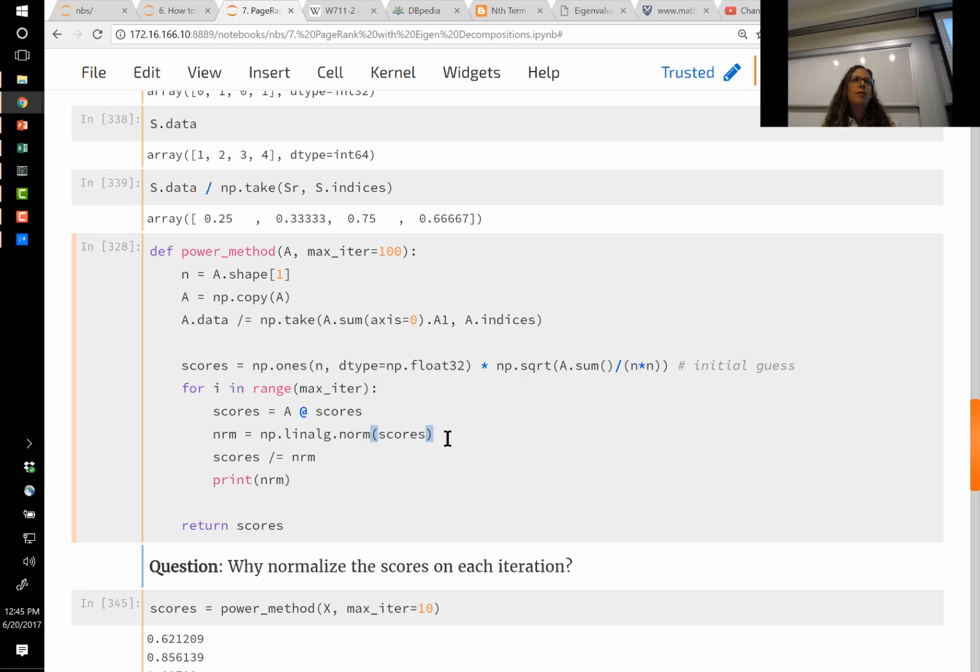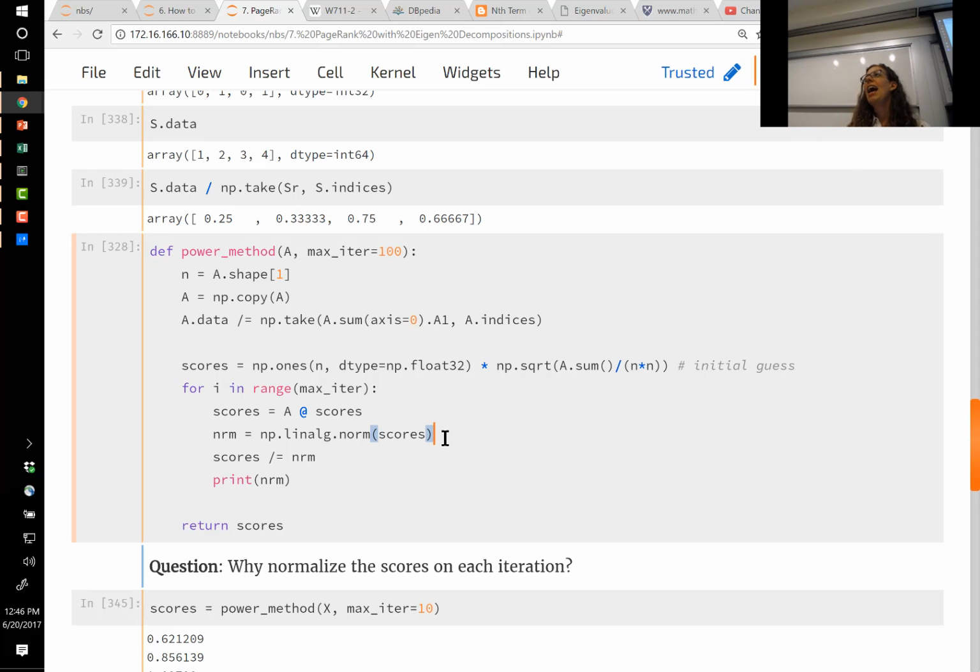So the question I was asking was, why are we normalizing the scores here? Is it to prevent the values getting too small? Yes, yeah.